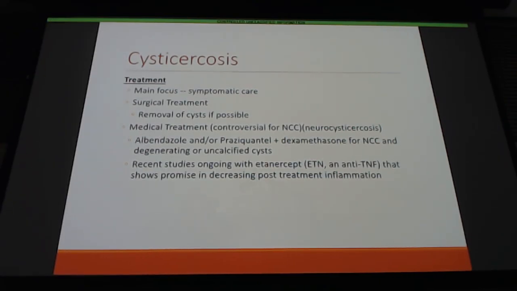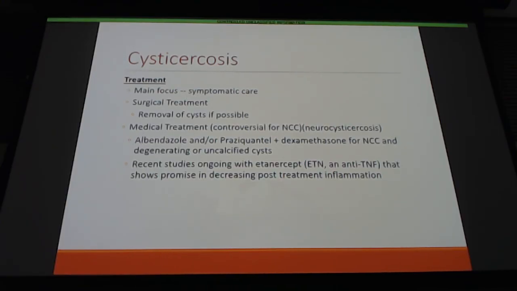Okay, symptomatic care. If you do need to do surgical treatment, removal of cysts is possible, depending upon where you find them. The problem with this is that it's really complex and highly individualized when you're going to take care of somebody with neurocysticercosis. The number, the location, the viability, are they alive or dead, the inflammatory state of the cysts.